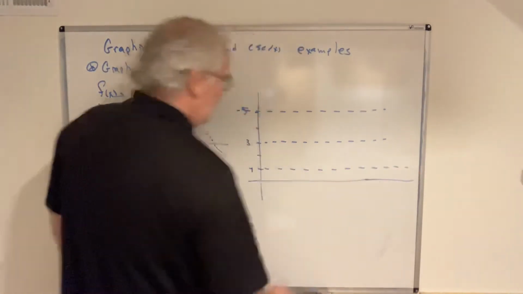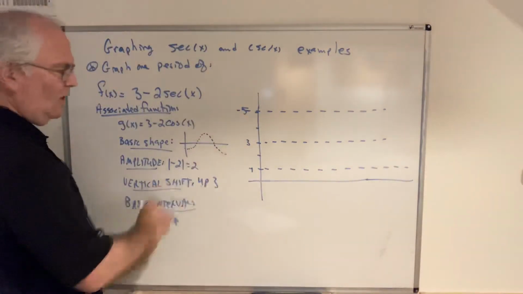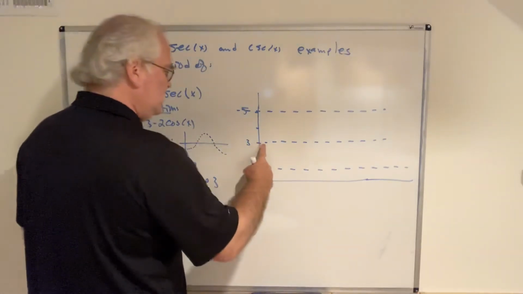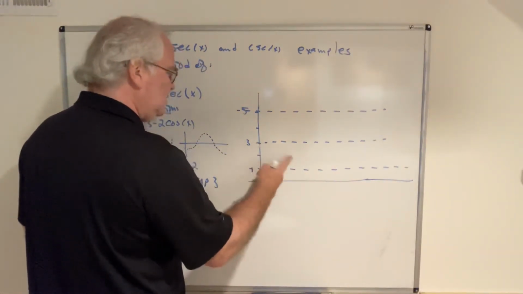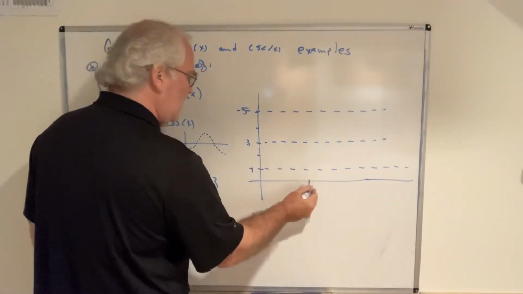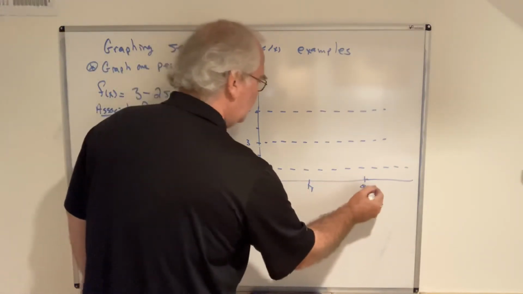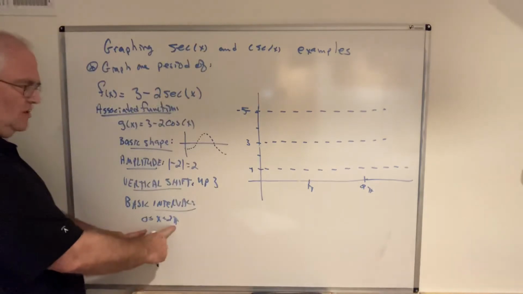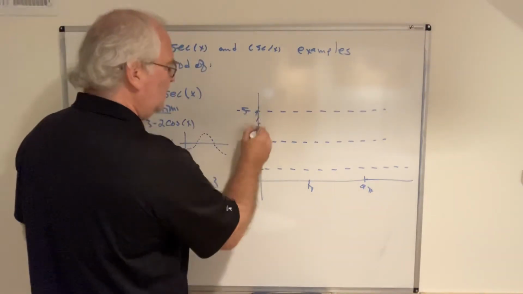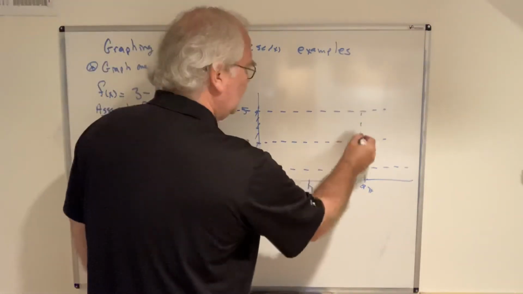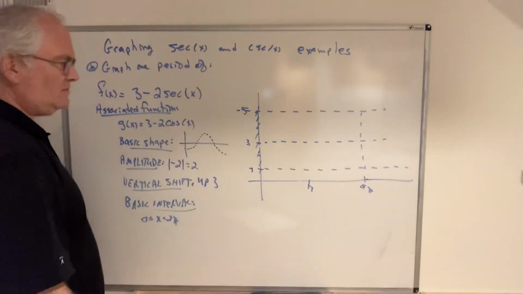Now we need the horizontal scale. So this is 3. See my compass here? This is 3, that's 3, and a little bit more makes pi. If that's pi, that's 2 pi. And that's what we want, 0 to 2 pi. So here's one sideline, here's the other sideline.